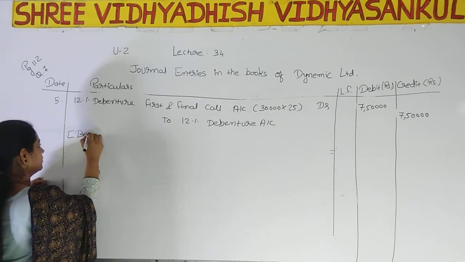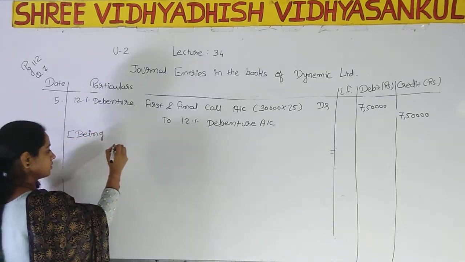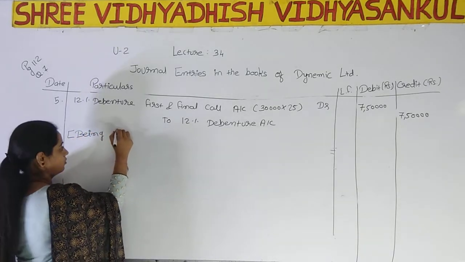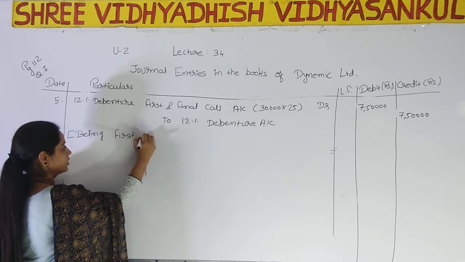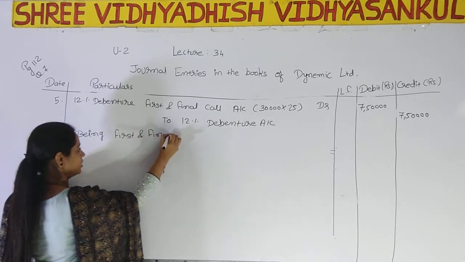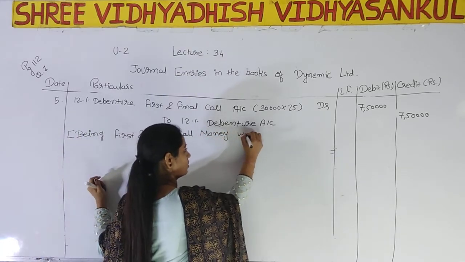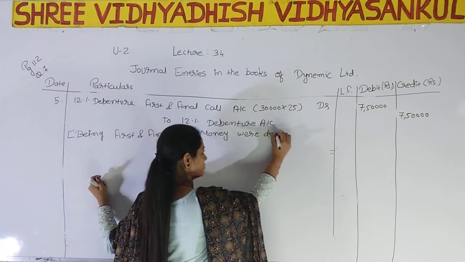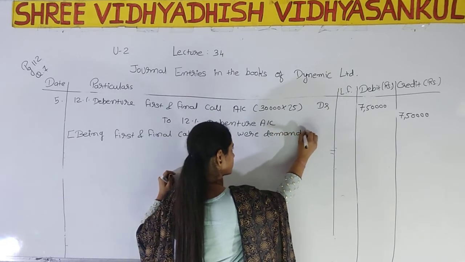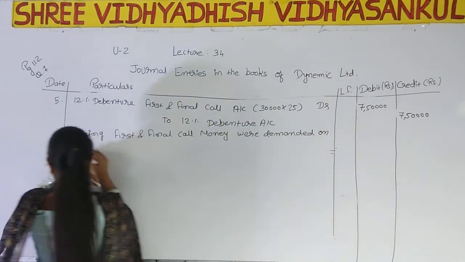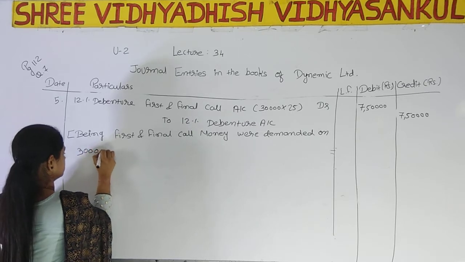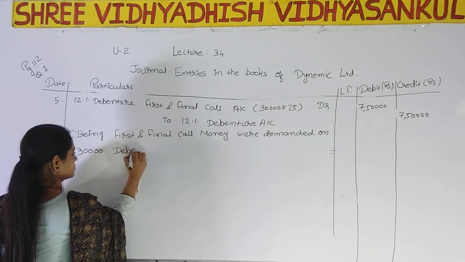Into bracket bill, first and final call money were demanded on 30,000 debentures.